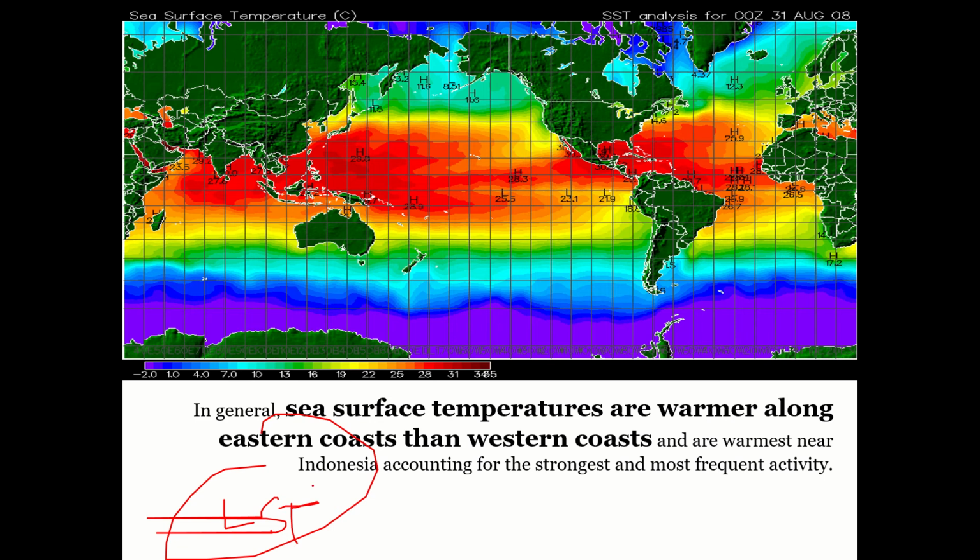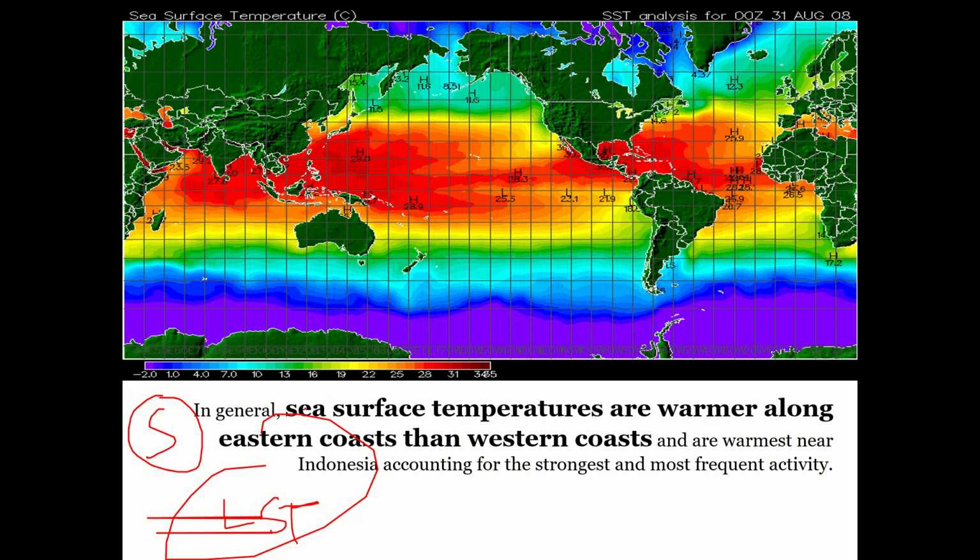We use GIS and some geospatial techniques for generating land surface temperature. Let us say we have satellite images; using satellite images we will be able to generate the land surface temperature for today. Like that, sea surface temperature can also be generated.